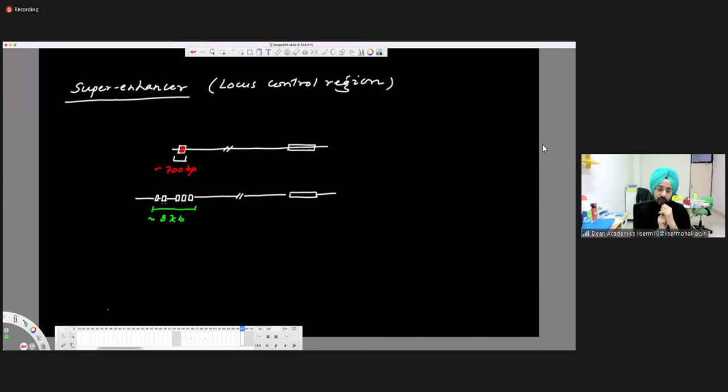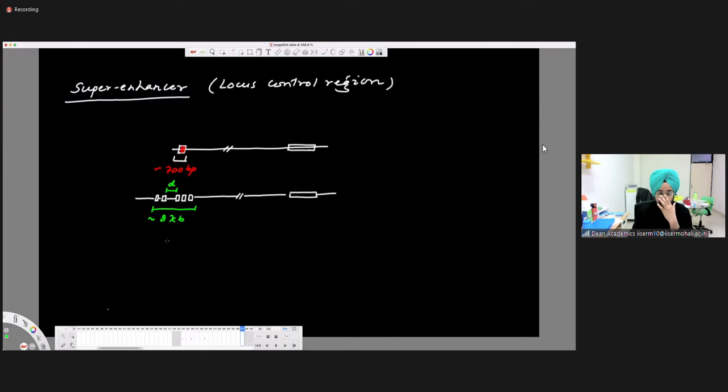Number two, they should be clustered, and you cluster based on some distance constraint. Generally, the constraint is like, if these two are a certain distance apart, which would be different in different papers, then you cluster them together.